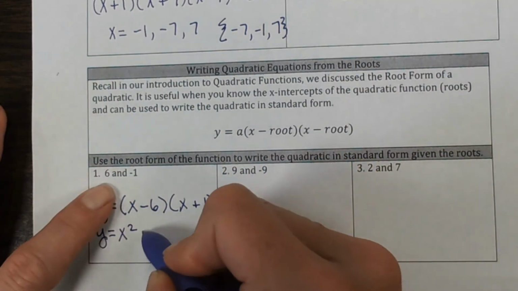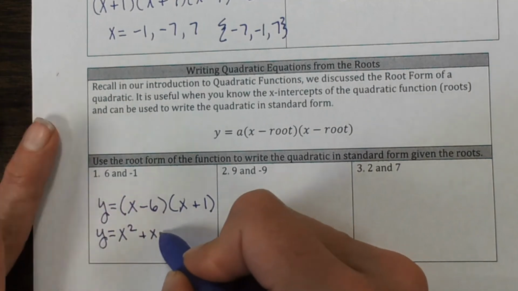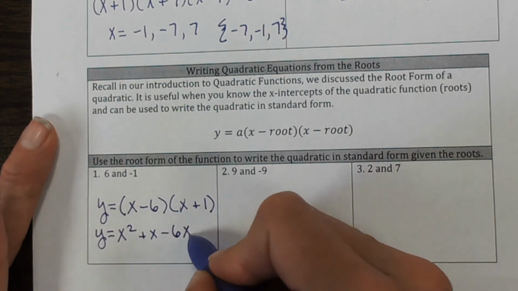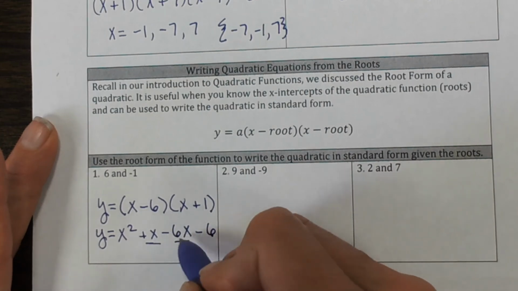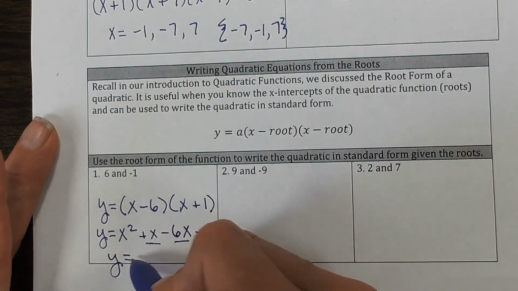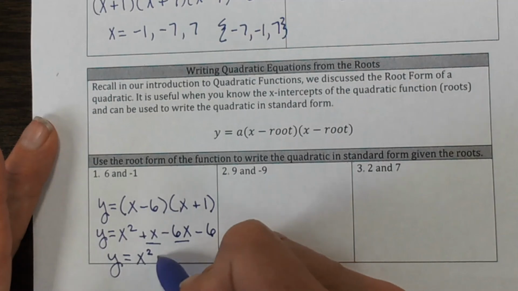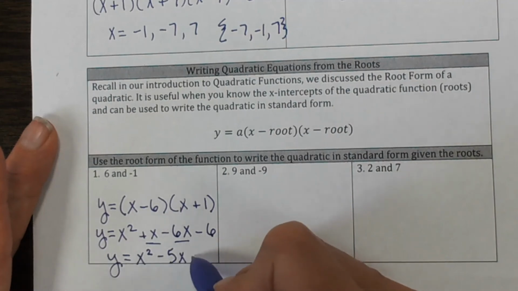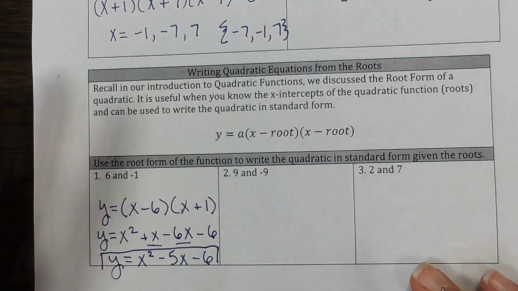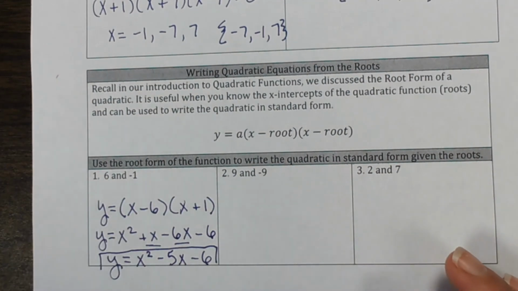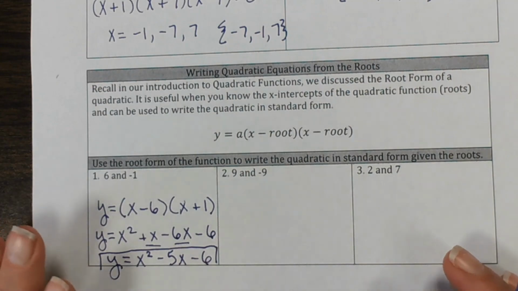My outer is 1x. My inner is negative 6x. And my last is negative 6. So when we combine our like terms, my quadratic function would be x squared minus 5x minus 6. And that would be the standard form quadratic of those two roots.